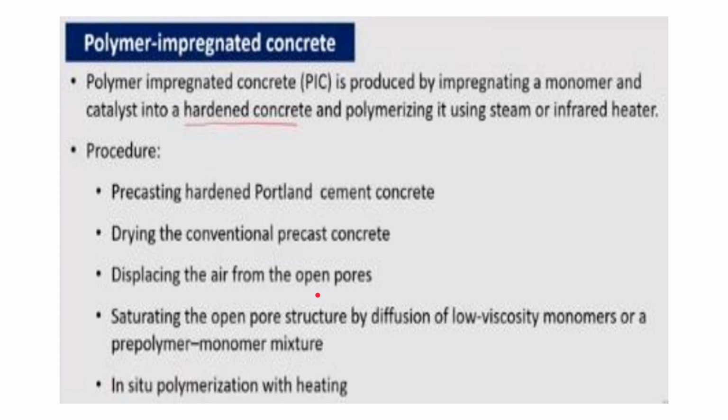So now let us go to the second type of polymer concrete, which is the polymer impregnated concrete, where the polymer is impregnated into hydrated cement. So that is PIC, polymer impregnated concrete.